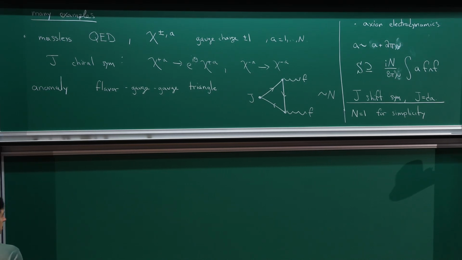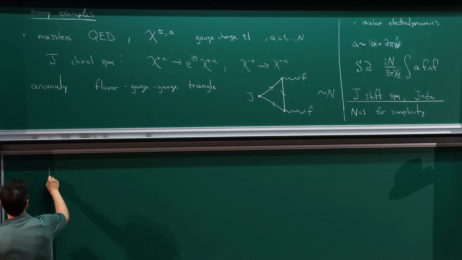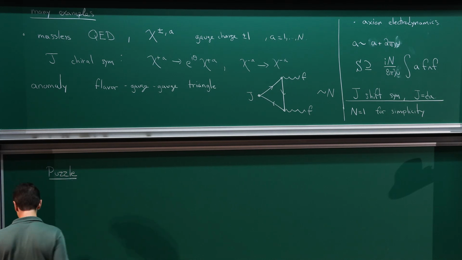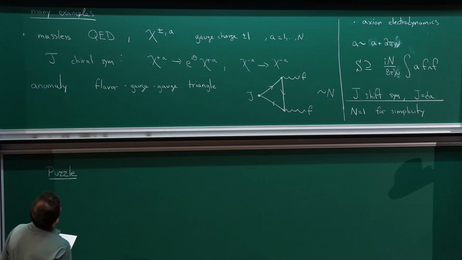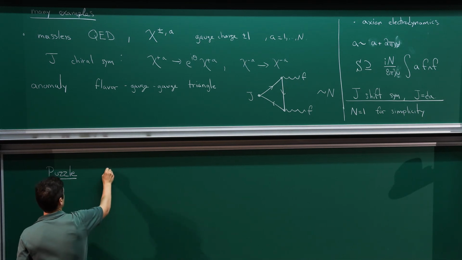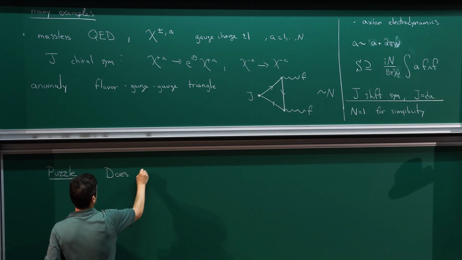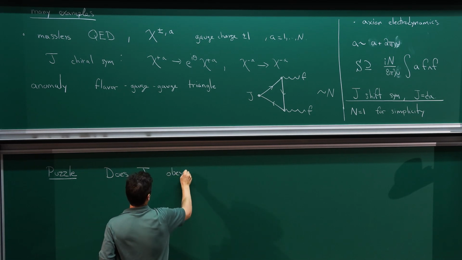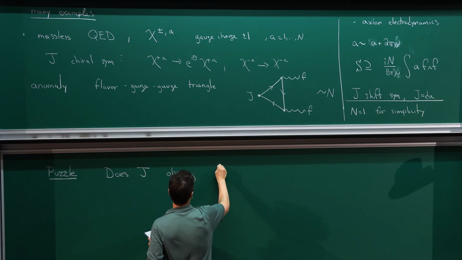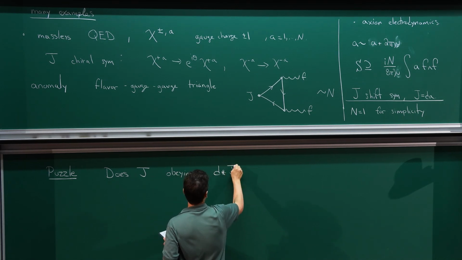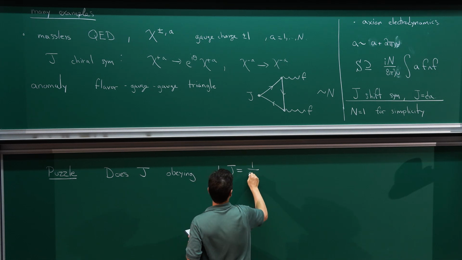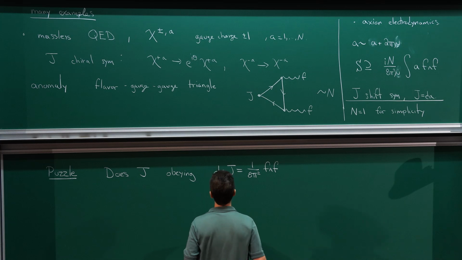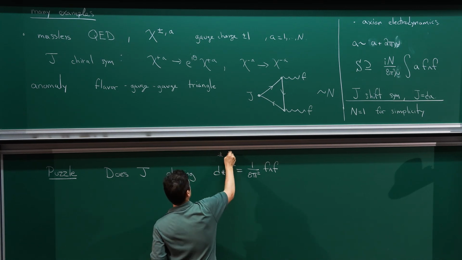Now what's the puzzle? What's the reason for the talk? Does J, obeying d star J equals 1 over 8 pi squared F wedge F, this is such an important equation, we'll call it equation star star.